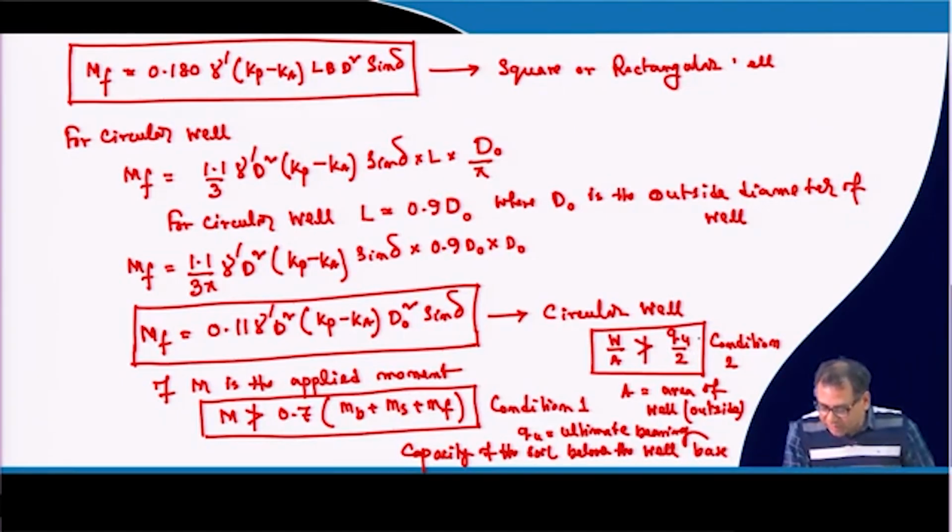So, that means A is the area of well, QU is the ultimate bearing capacity of the soil below the well base, and 2 is the factor of safety. So, this is condition 2, and here you can say this 2 is the factor of safety.